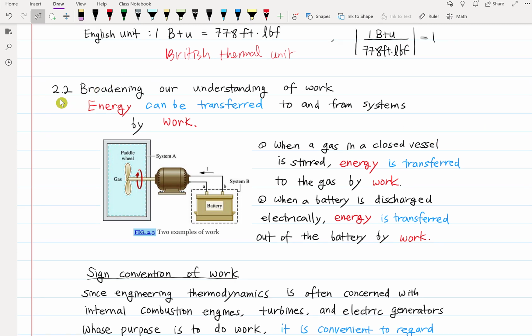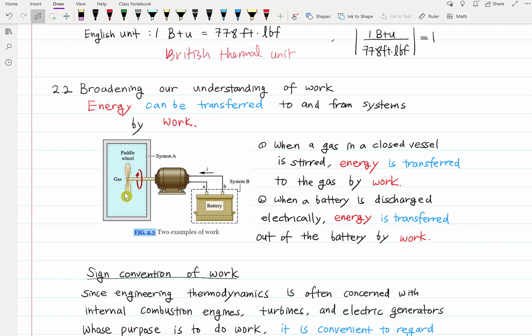Section 2.2, broadening our understanding of work. So energy can be transferred to and from a system by work. Let's take a look at this diagram. We have a system in a closed tank.